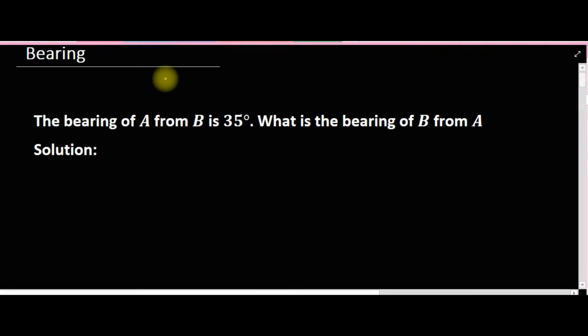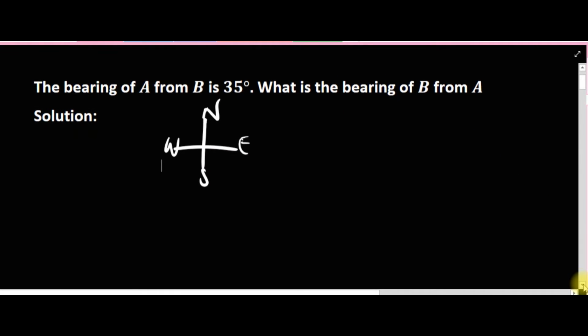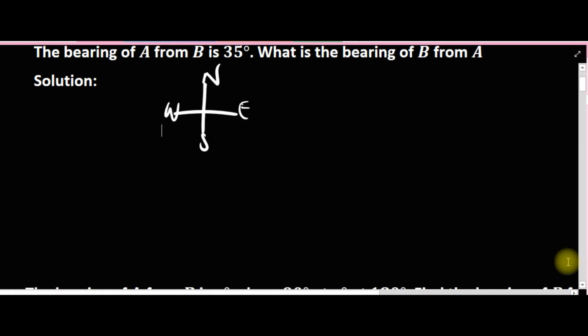The question here: the bearing of A from B. So this is my cardinal point: north, south, east, west. From B is 35. So from where?